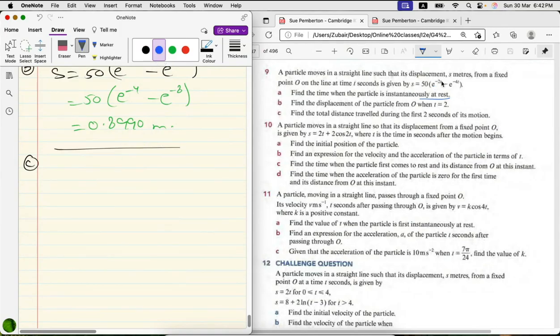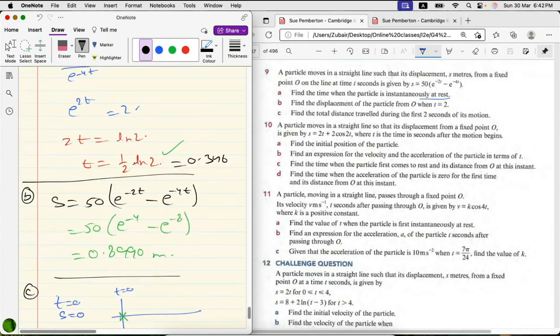So we can see anything raised to 0 is 1, so 1 minus 1 is 0. At time 0, displacement is 0. T is equal to 0, S is equal to 0. So it is at the origin when time is 0. And when time is 1 by 2 ln 2, it turns.